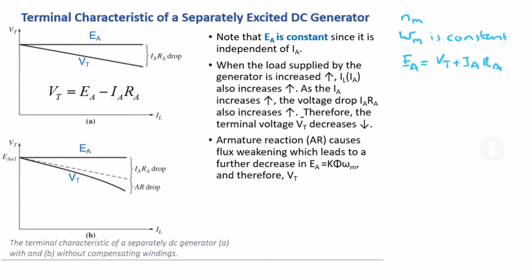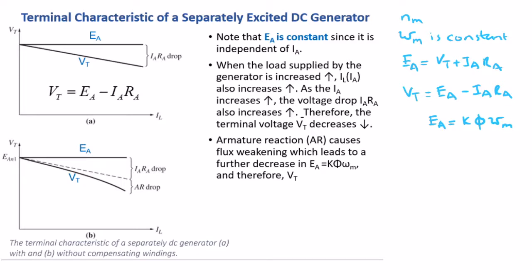And if we rearrange the equation, we can find that VT is equal to EA minus IA RA. EA itself is equal to K pi omega m.